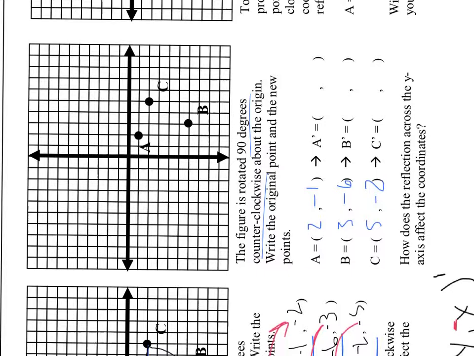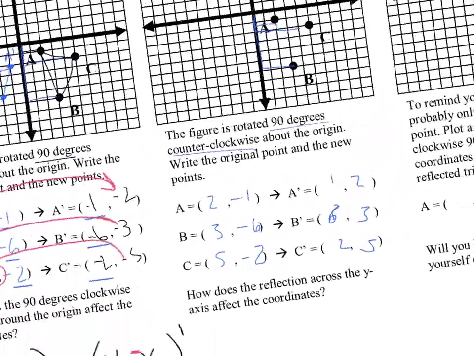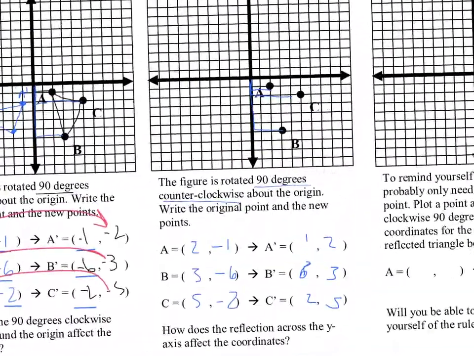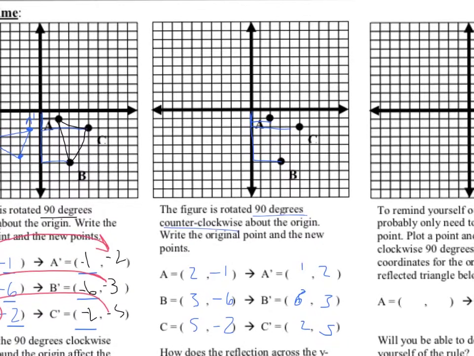So here we have 1, 2, and 2, 5 for C. And my B is 6, 3. And so as I rotate it back, and I go ahead and graph those points, we're going to see that it has swung itself up here.